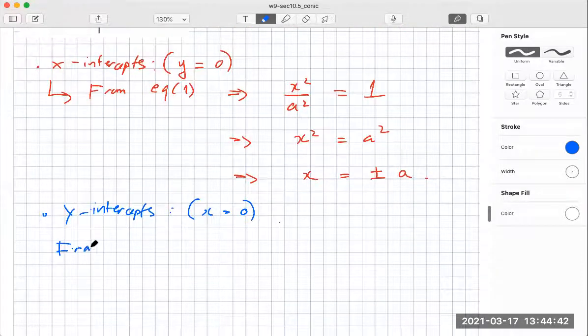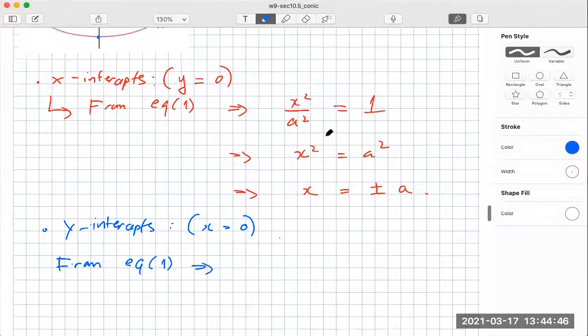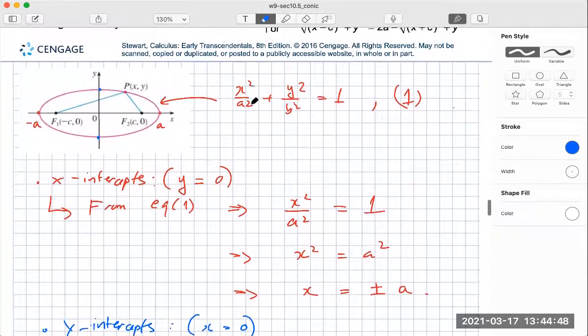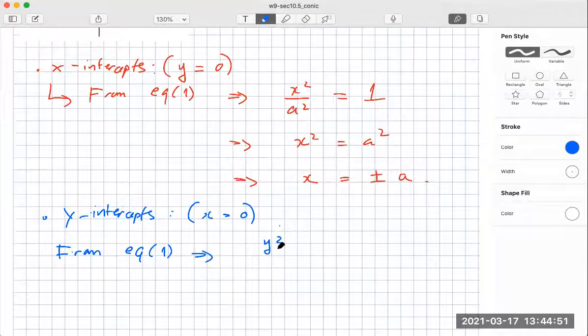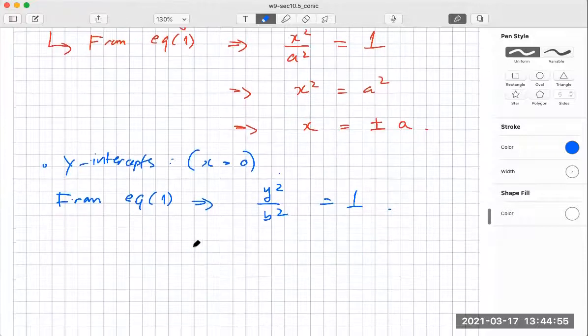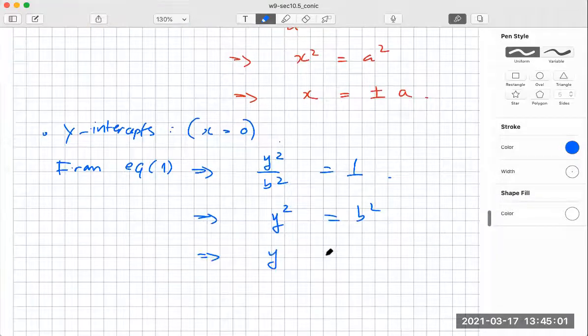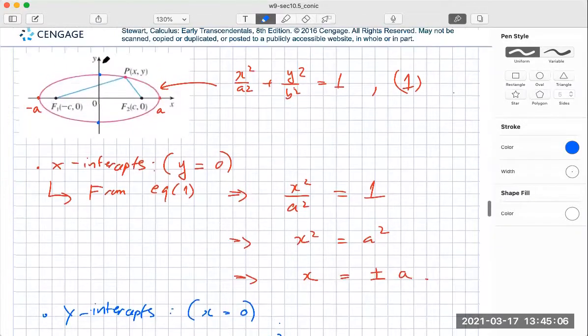So from equation 1, we have that x is equal to 0, then the equation becomes y squared over b squared equal to 1. It means that y will be, yes, thank you, very good. So this here will be b, this is negative b, right? Very good.